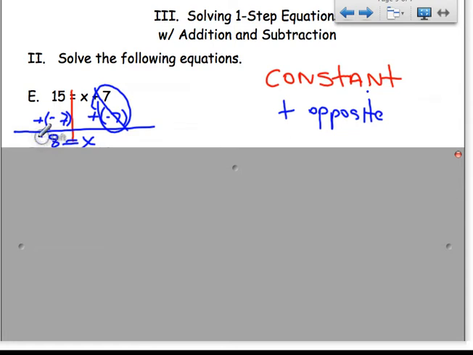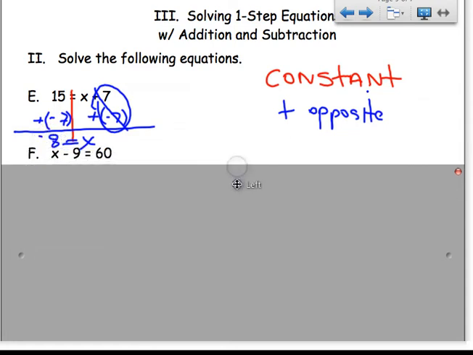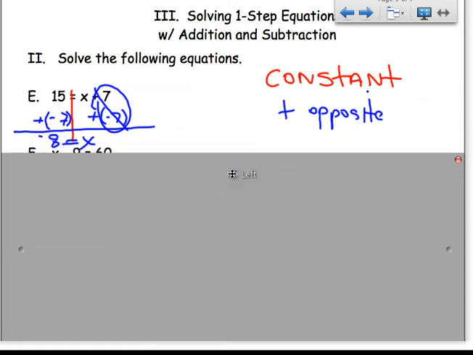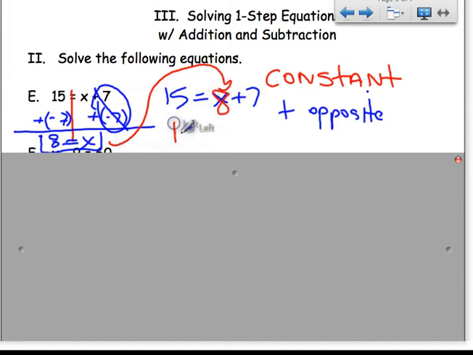And so my answer is x equals 8. To quickly check my answer, I should have 15 equals x plus 7. Instead of x, I should be able to substitute my answer of 8 and see if I'm right. 15 equals 15, so my answer checks out.